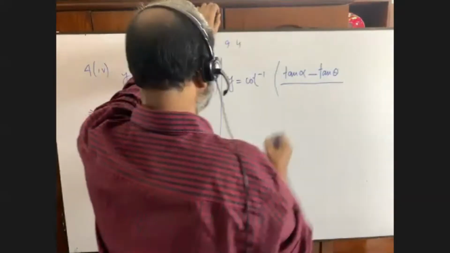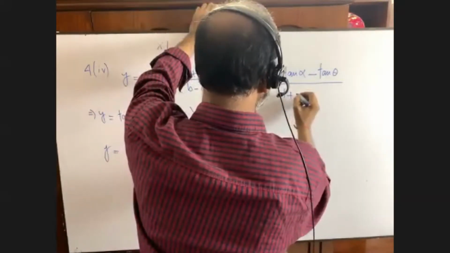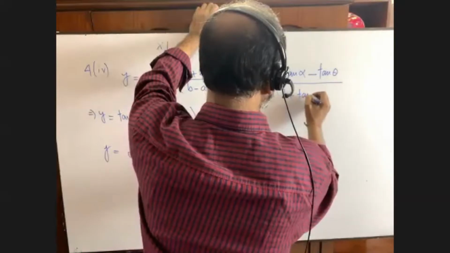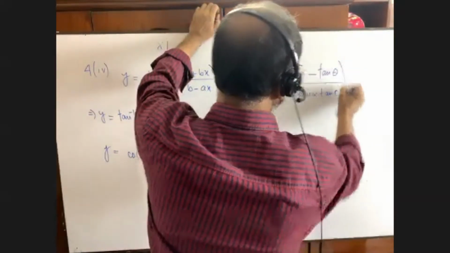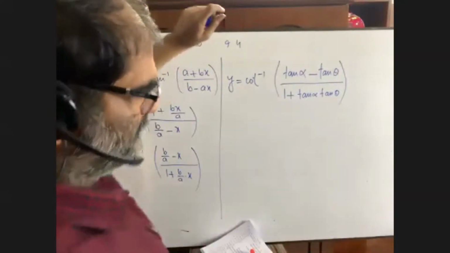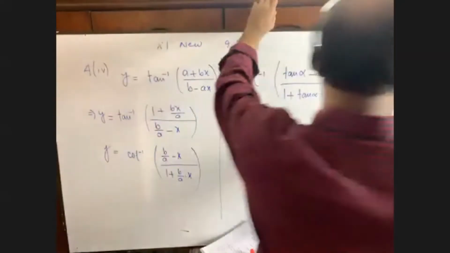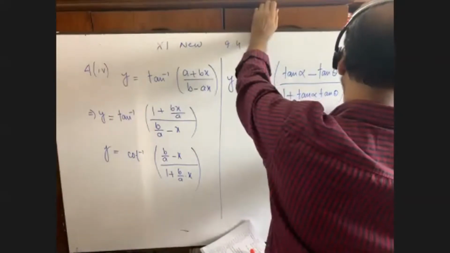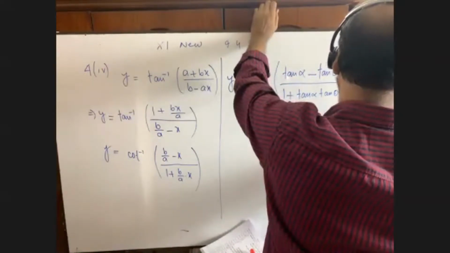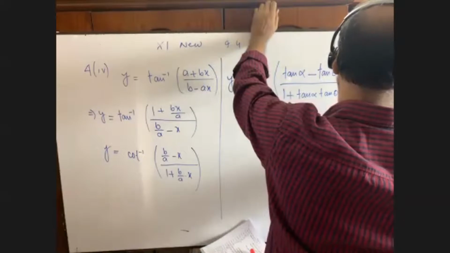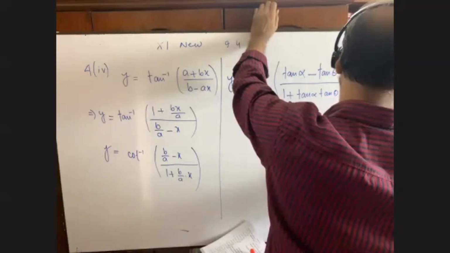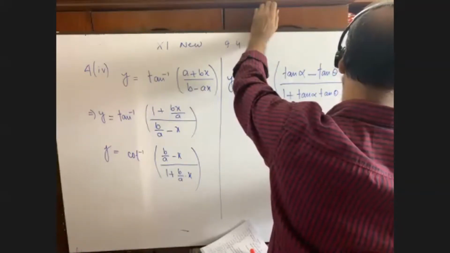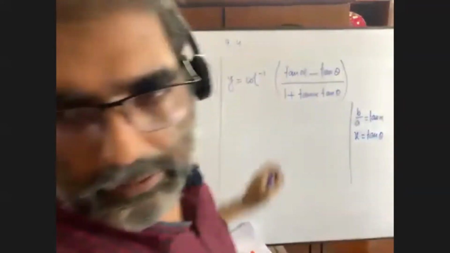Now 1 plus tan alpha tan theta. What I have done here? We have done b by a is equal to tan alpha and x is equal to tan theta. Okay.